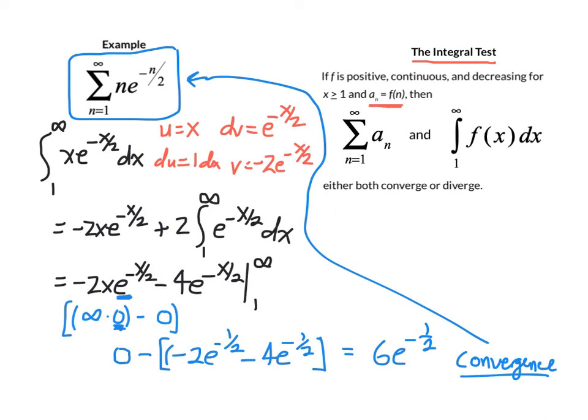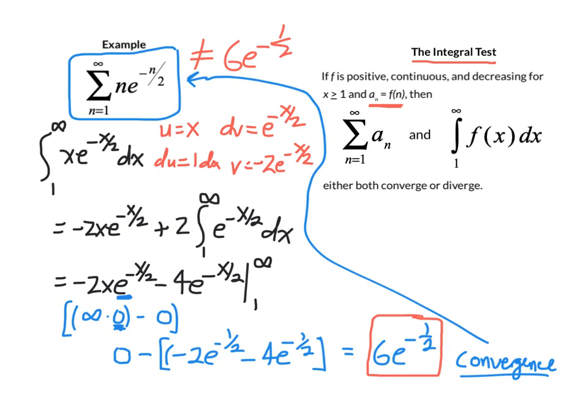Now you have to be a little careful in the convergent cases, because what we've done here, we do have the value of the improper integral. This is not the value of the infinite series. They're closely related, as we find out. However, we're not looking necessarily here to get an actual number for this infinite series. We're not trying to find the exact sum of it.